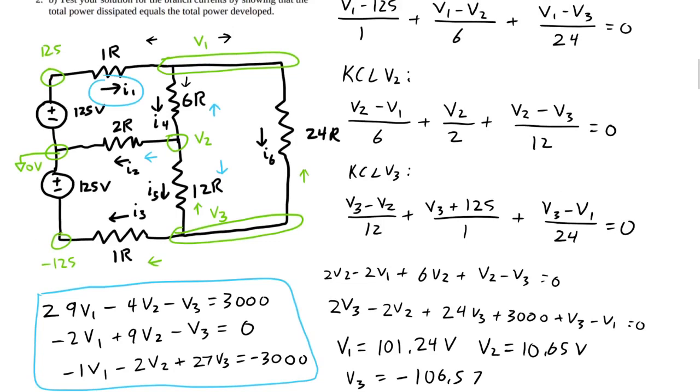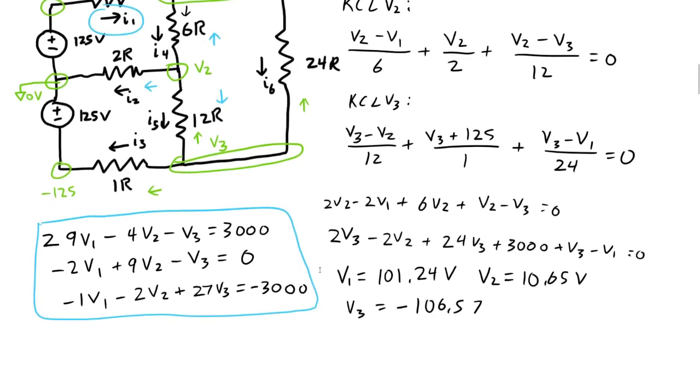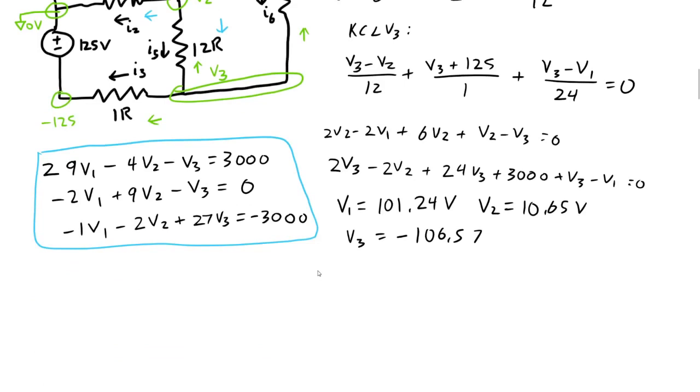We know V1 is 101.24, so I1 is 125 volts minus 101.24 volts divided by, I think it's 1 ohm. So 125 minus 101.24, 23.76 amps.